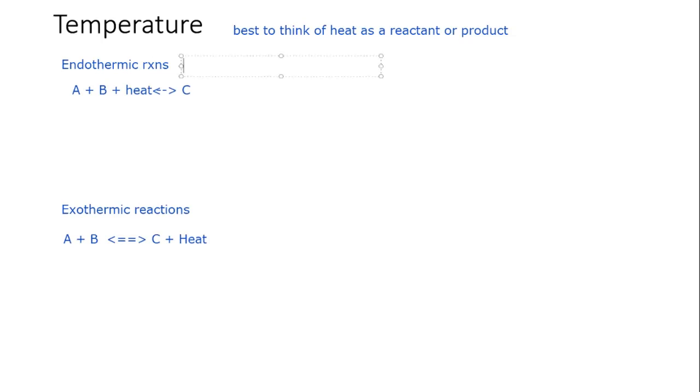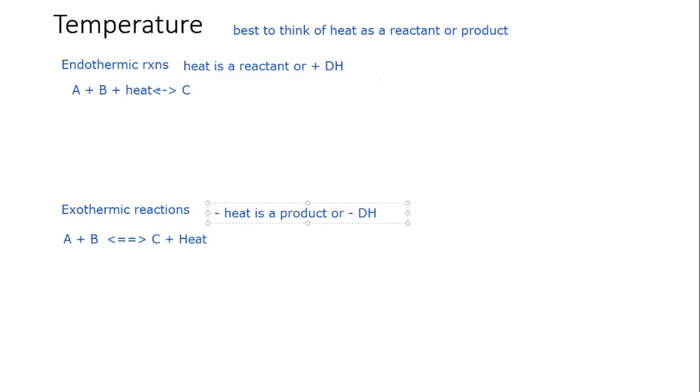So for endothermic reactions, heat is a reactant or a positive delta H. For exothermic reactions, heat is a product or a negative delta H.